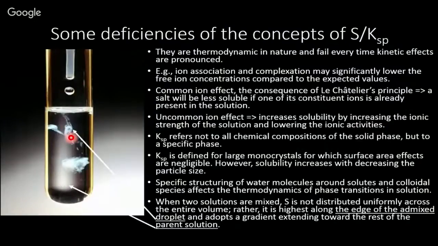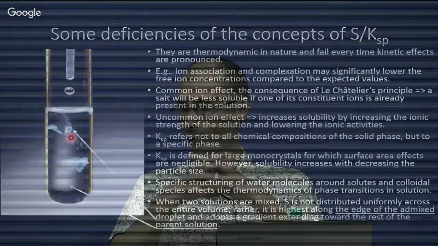So how can you account for that gradient of supersaturation? Can you? These are all things that are really impossible to tackle. And so this is what I tell you basically. The highest supersaturation will be along the edge of that droplet.